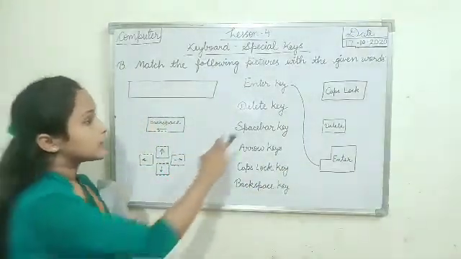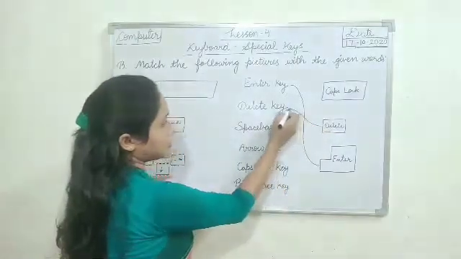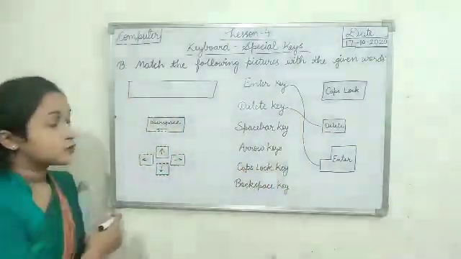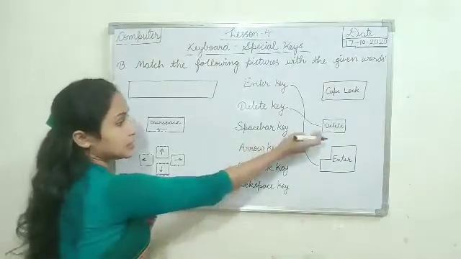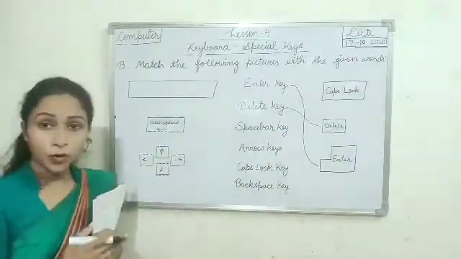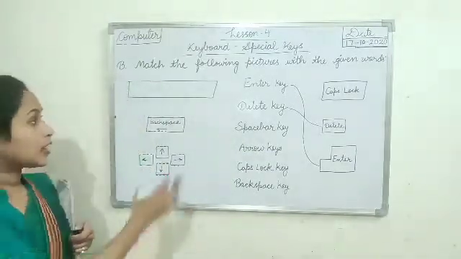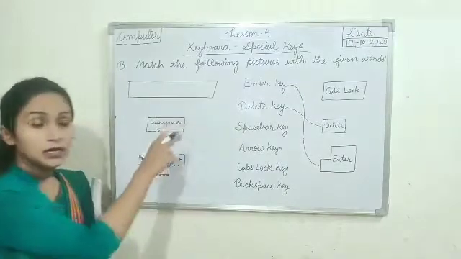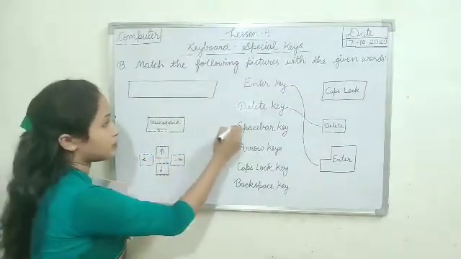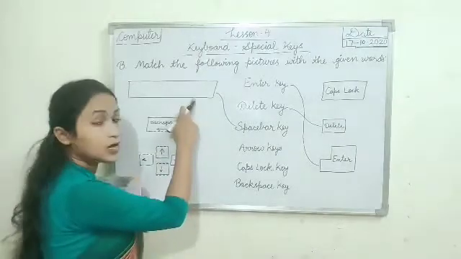Next, delete key. Delete key is there. Delete is written, so we can understand. Space bar key. We all know space bar key is the longest key on the keyboard, so we will match it with the longest key.